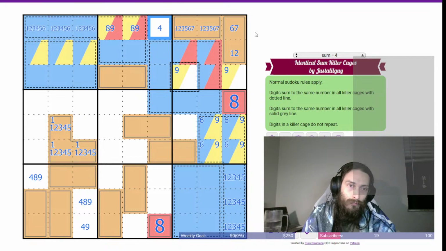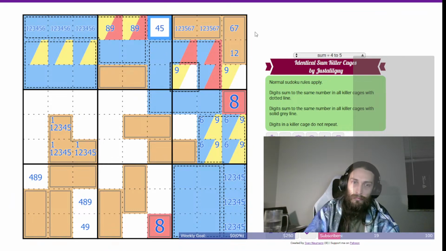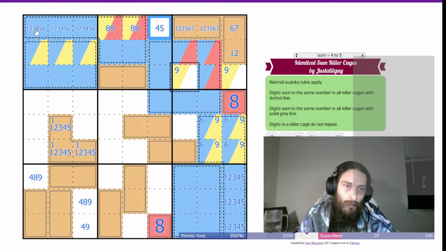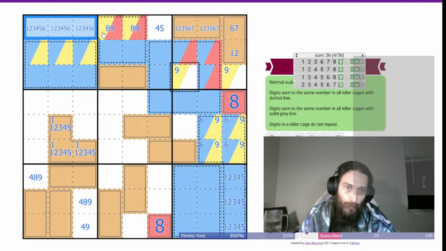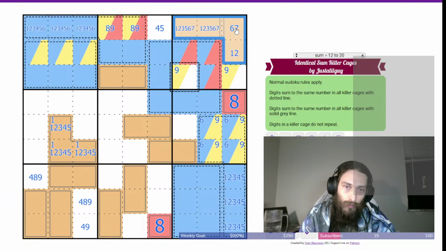That's either a 4 or a 5, right? The only way this isn't a 4, because if this can be the 4, is if this is 2, 3, 4. 2, 3, 4 makes this 1, 7 and 2, 6. So yeah, this would be 4 or 5.